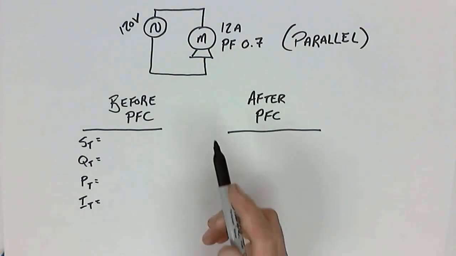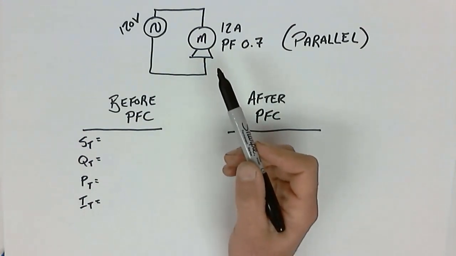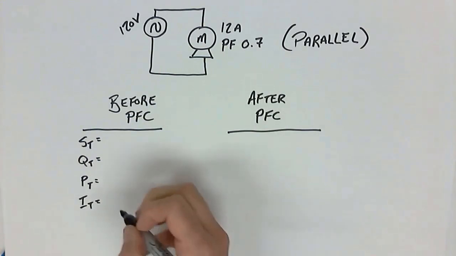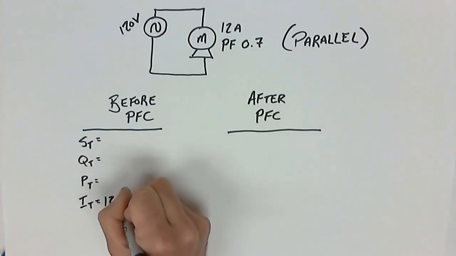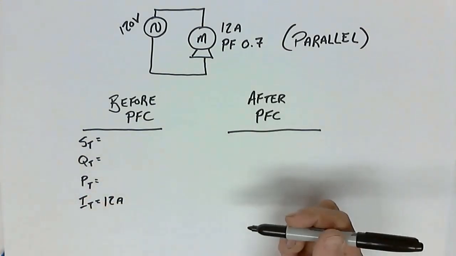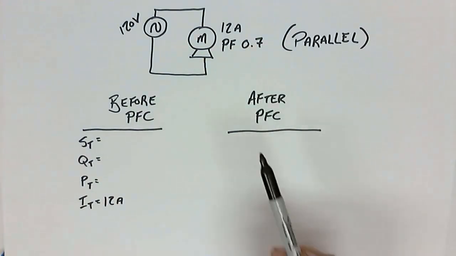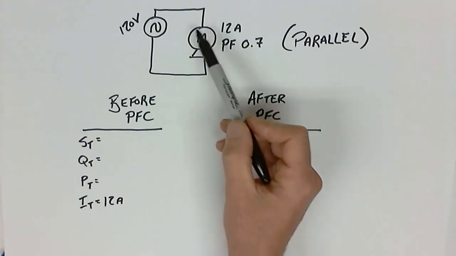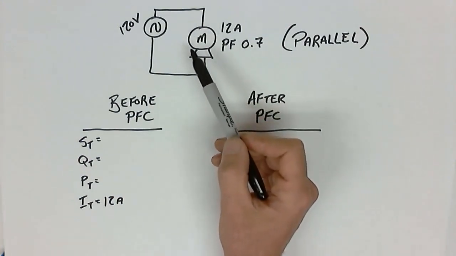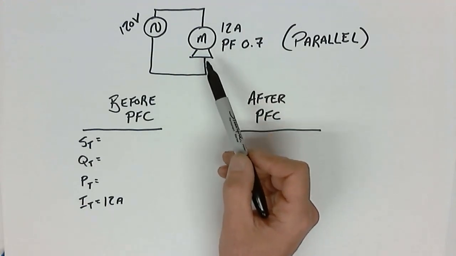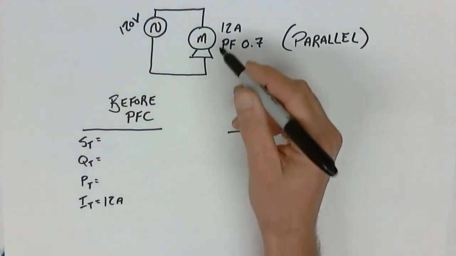So right now, all that we have in the circuit is a 12 amp motor, and therefore the total current that we have is of course 12 amps. Now, when we look at the P and Q and S, really what we're doing is we're breaking this object down as a series component, because we know a motor is really a resistor and an inductor connected in series. So what does that mean?